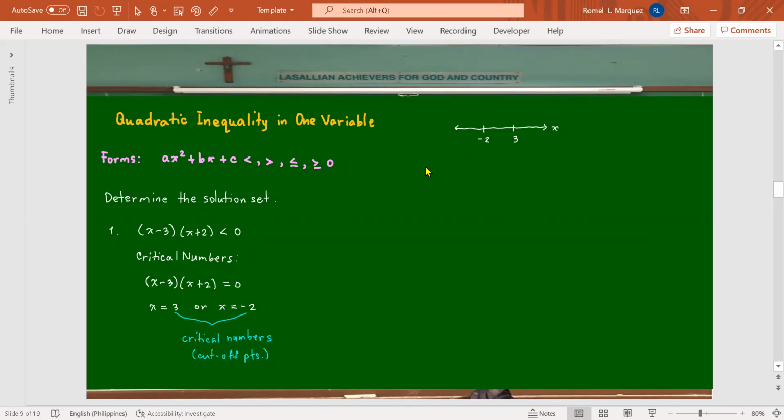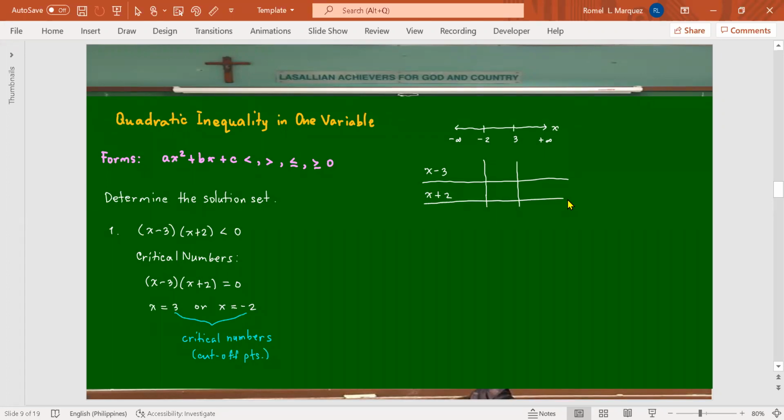And then you list down all the factors, x minus 3 and x plus 2, and determine the sign of each factor in each interval. To the left is negative infinity, and to the right is positive infinity. And numbers between negative 2 and 3, for instance, 0, 1, and so on. Is that clear, children?